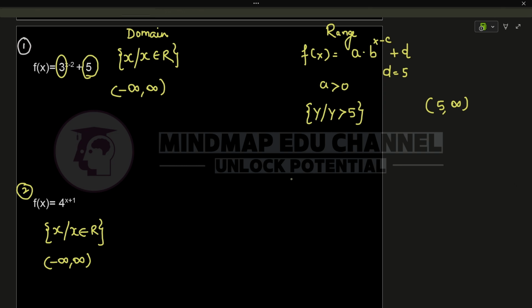For finding the range, let's check the value of a, and it is greater than 0. And for the value of d, it's 0, there's no d given here. So the range is the set of y values such that y is greater than 0. And in interval notation, the range is from 0 to infinity.